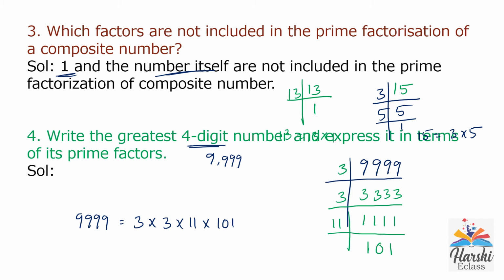This is the prime factorization of 9999, which is the greatest 4-digit number.